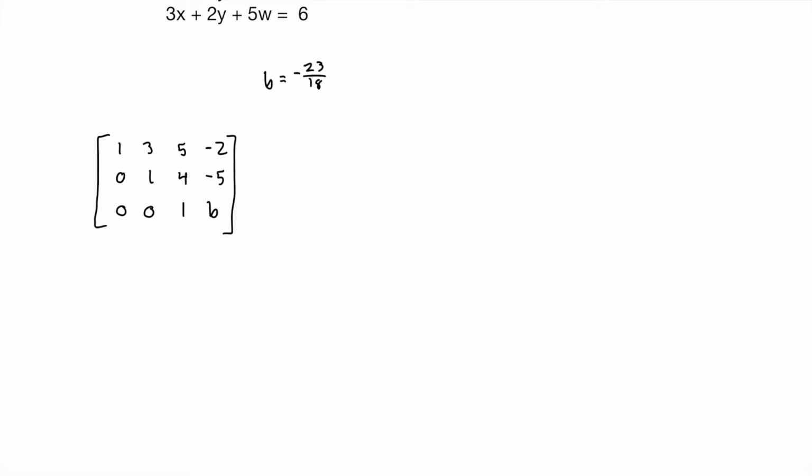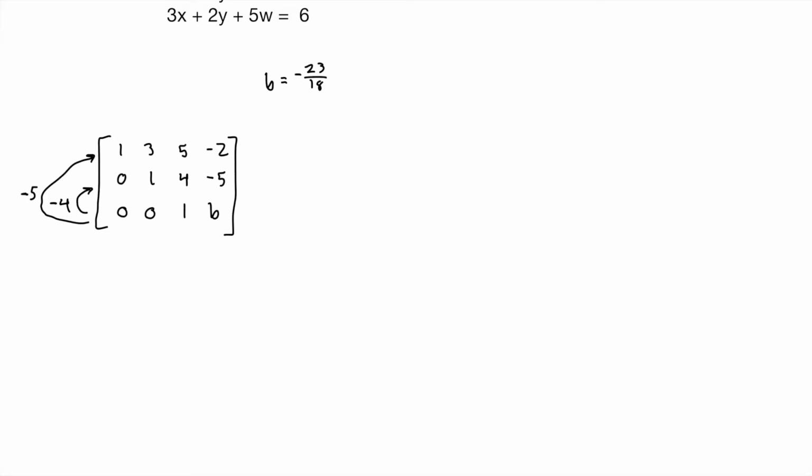And so what we're going to do to get this matrix into reduced row echelon form is multiply the third row by negative 4 and add it to the second row. And we're going to multiply the third row by negative 5 and add it to the first row.